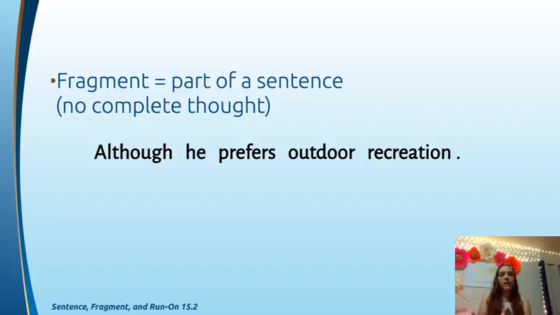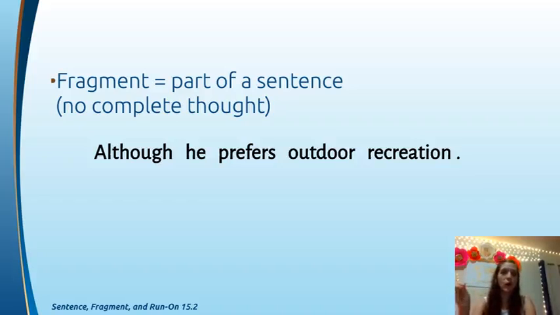You can have a subject and you can have a verb, but if you don't have a complete thought, you still have a fragment. So you can't just randomly say, here's your subject, here's your verb, it's not a fragment. No, it can still be a fragment. Look what it says right here. Although he prefers outdoor recreation. If you're not reading that sentence well, you're going to see prefers as your verb, he is your subject, and you're going to say, yeah, that's a complete sentence, that's not a fragment.